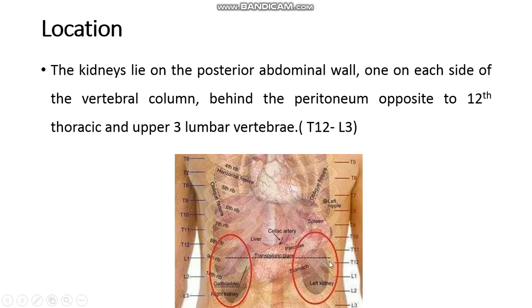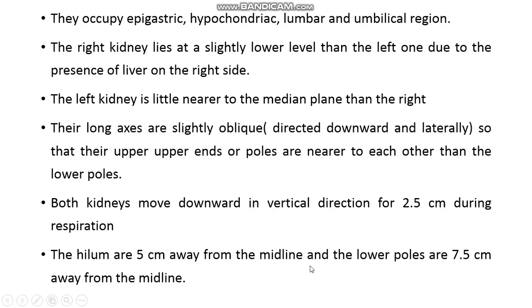The right kidney always lies at a lower level than the left kidney. Here the liver is present, and due to the presence of this liver, the right kidney lies lower than the left kidney.